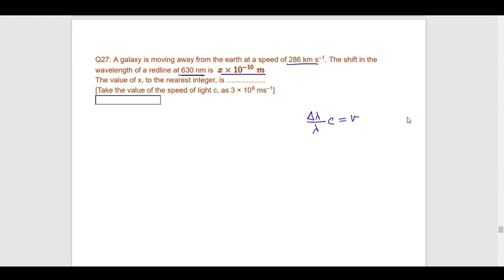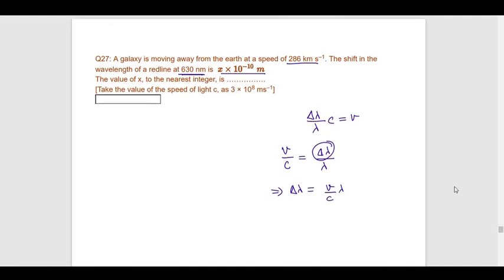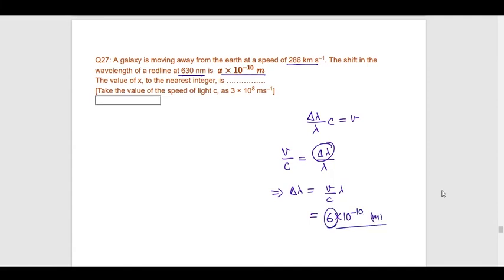Or you know this formula in a different manner, that speed of object upon speed of light is change in the wavelength of light upon the original wavelength. So we know everything and we need to figure out the value of delta lambda here, right? So delta lambda will be equal to v by c times lambda, and by putting all the values in this equation, we will get 6 times 10 to the power minus 10 meters as our answer. So your answer is 6.